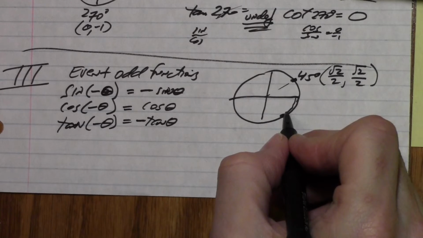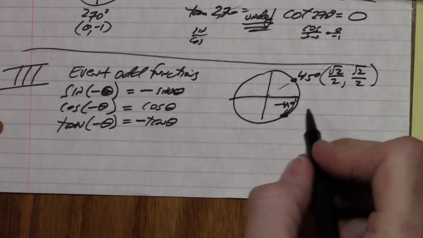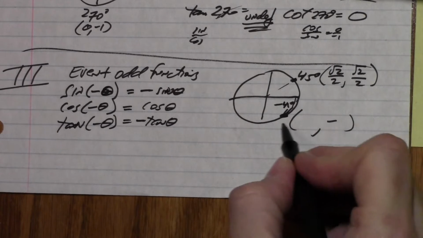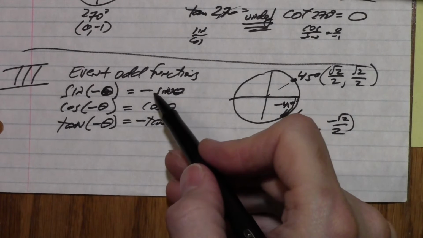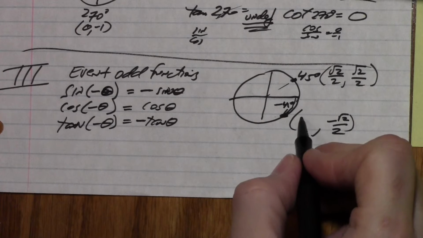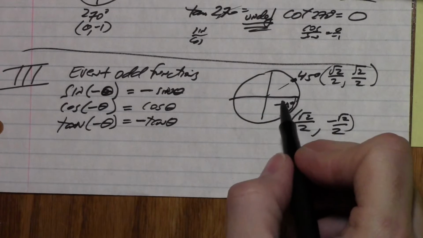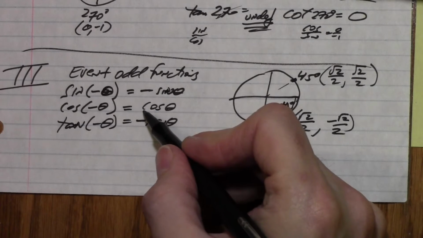Negative 45 just means going this way, so that's negative 45 degrees. Well, the sine at negative 45 degrees, since all in the fourth quadrant is negative, it is indeed the negative of what the sine of theta is. But the cosine is the same. Notice that in the fourth quadrant, all the cosines are positive. That's why that one stays positive.